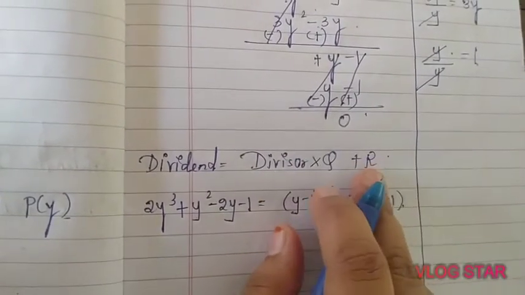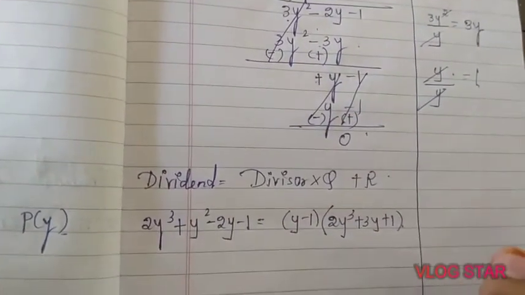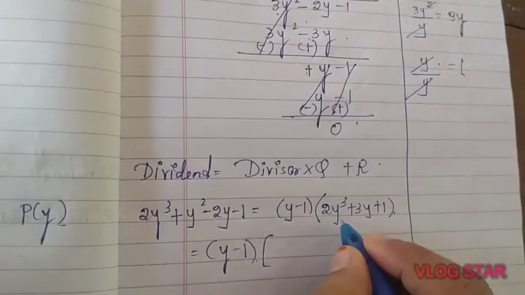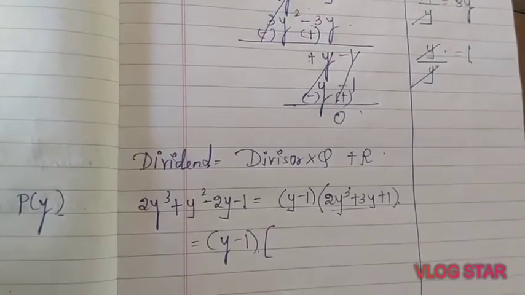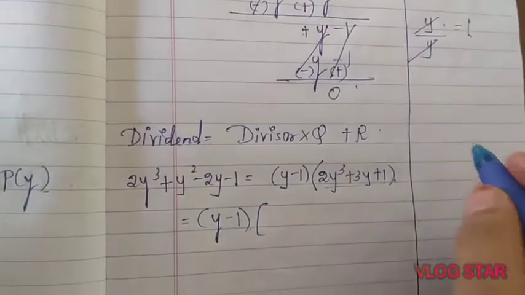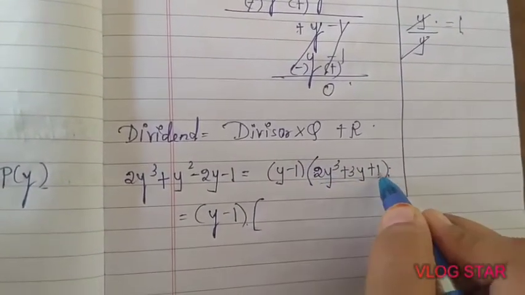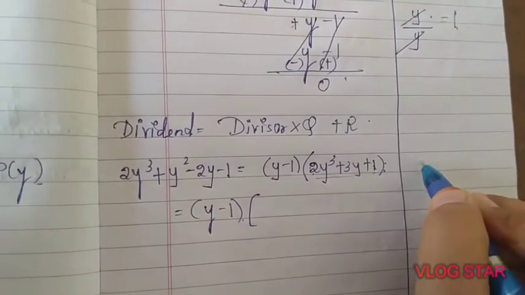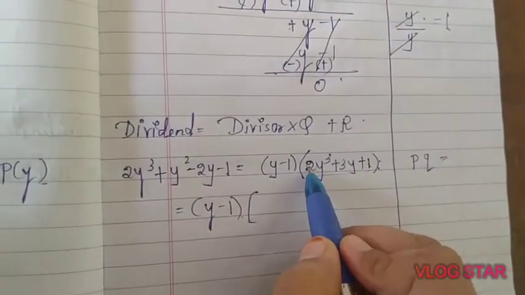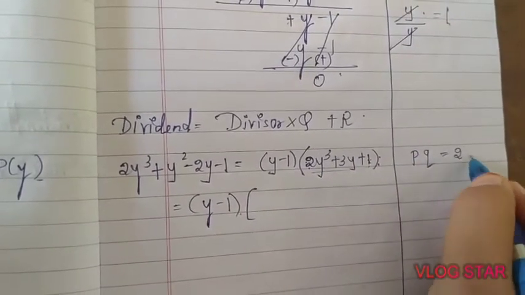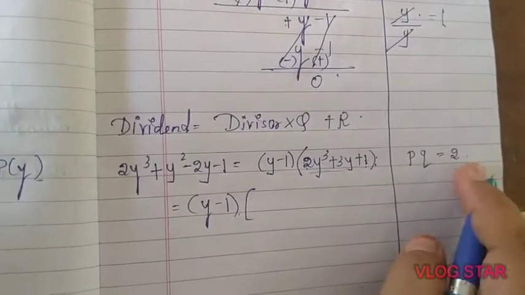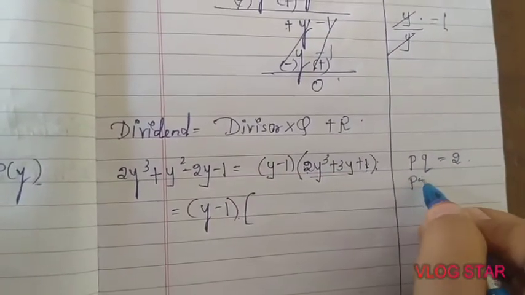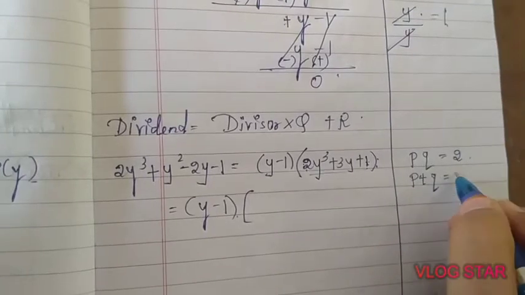I am not writing the remainder here because the remainder is 0, right? So now this will be equal to y minus 1, and here you have to factorize this term using the splitting method. Here you can see the product of the first constant term and the last constant term, 2 into 1, is 2. So the product of the two terms is 2, and the sum of the two terms is 3.